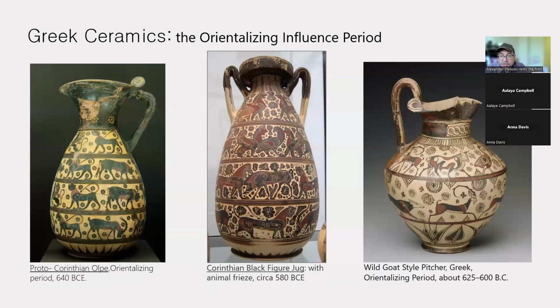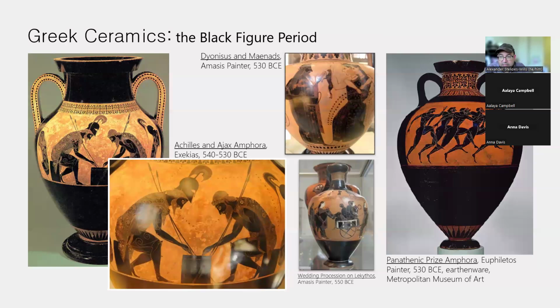And so the Orientalizing influence leads to black figure, right? And that black figure is where you paint most of the pot black, but you leave a window of red clay. And then you paint the figures black on that red clay window. And then you scratch into the figures to make the internal line drawing of the figures, right?